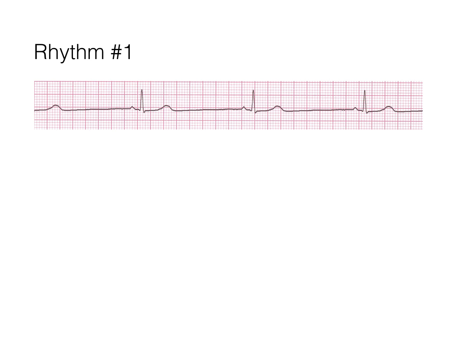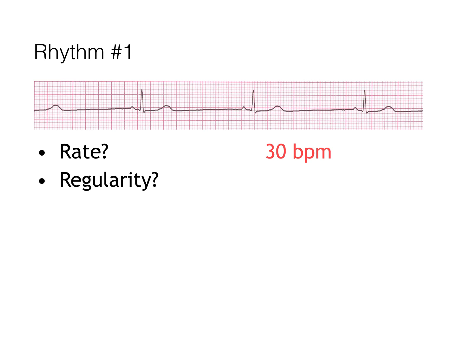What is this rhythm? First, we will calculate the rate by counting the large boxes between two QRS complexes. So it comes out to be 30 beats per minute. Is it regular? Yes, this is regular. P waves normal? These are absolutely normal.